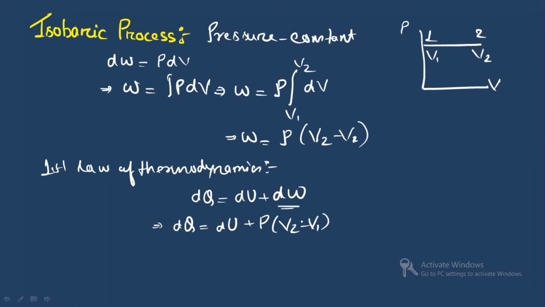So now you see, we already know that dU is equal to what? We have already done dU, it is equal to nCv dT. All right. And if you know the ideal gas equation, PV is equal to nRT. So from here, if you write PV is equal to nRT, this will become what?